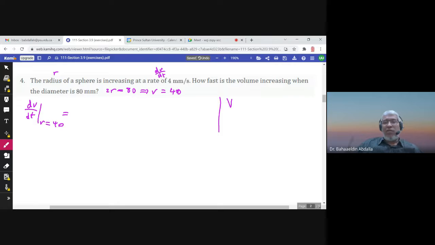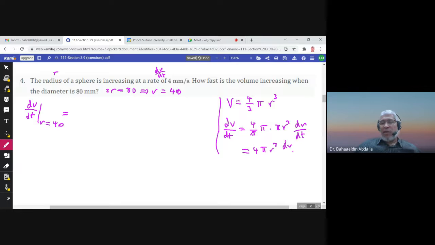The volume of the sphere is 4 over 3 times pi r cube. So dV by dt would be 4 over 3 pi is just a constant. Leave it. The derivative of r cube is 3r squared times dr by dt. So dV by dt would be 4 pi r squared times dr by dt.